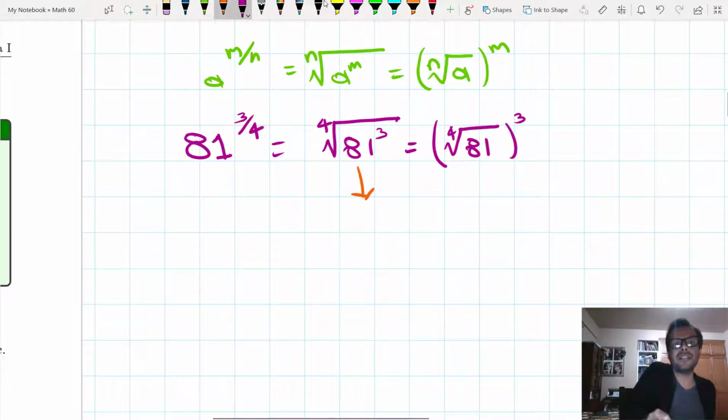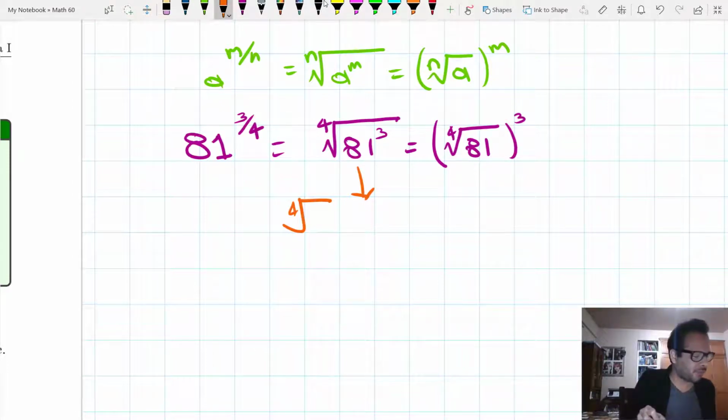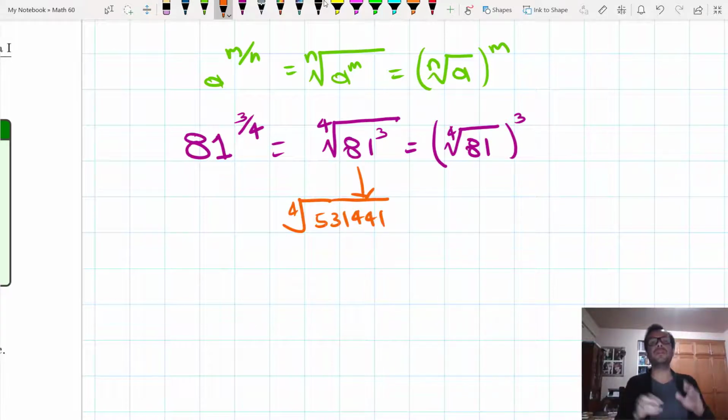It's a nicer number. The fourth root of 531,441. And then try to take the fourth root of that number. Well, we can barely think of a number. For example, the square root of 25, on the top of our heads, well, it's 5 because 5 squared equals 25. The square root of 81 is 9 because 9 squared is 81, right? And the cube root of 8 is going to be 2 because 2 cubed is 8.